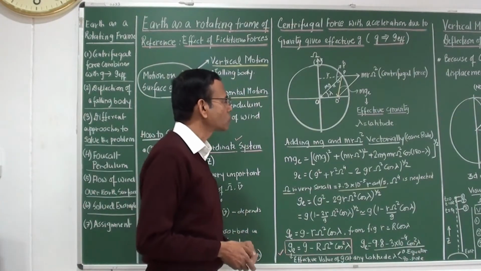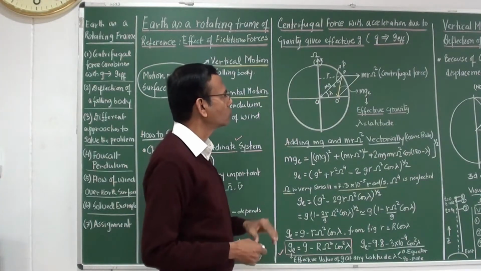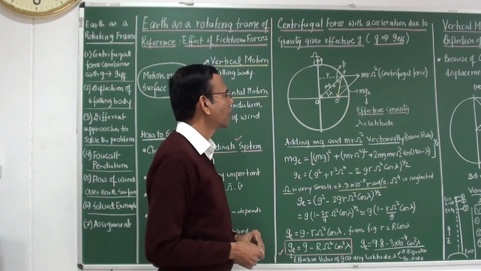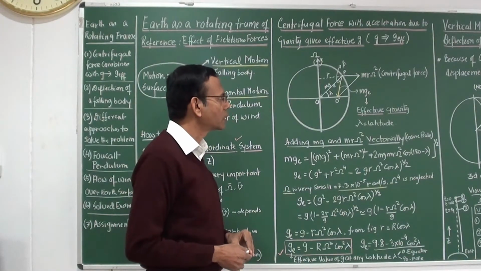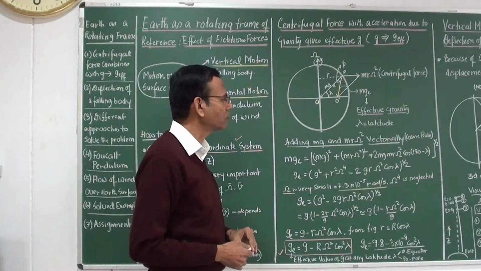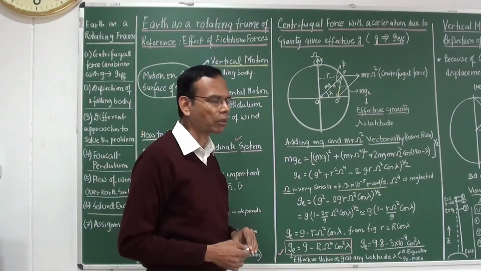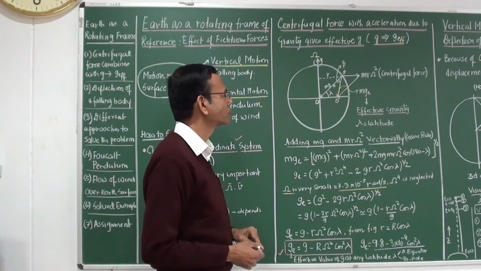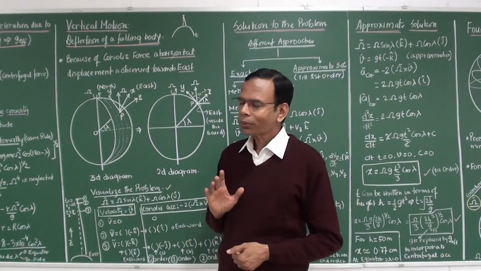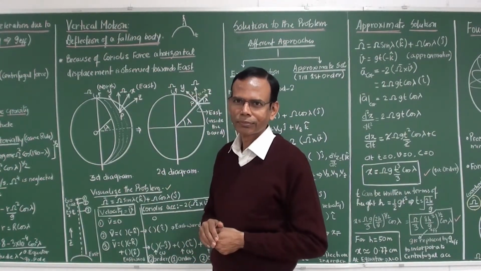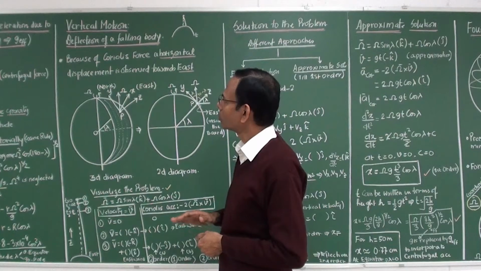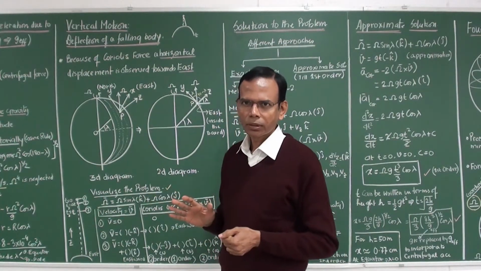Fine. So now we are going to the next problem, and that is deflection of a falling body. It is quite an interesting problem and a little difficult problem as well. So now we will study the vertical motion, motion along the surface of the earth.